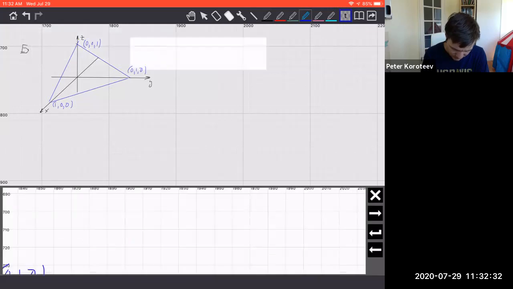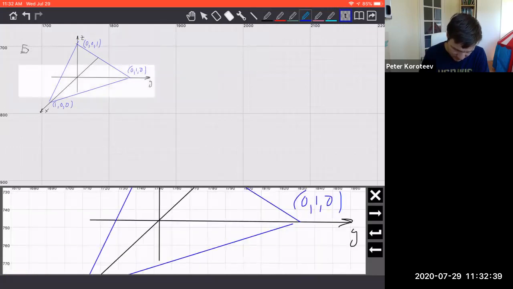So we want to integrate. The tetrahedron is bounded by this plane here.